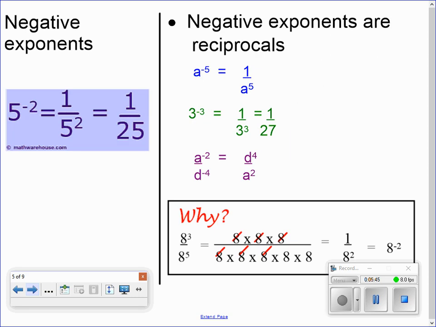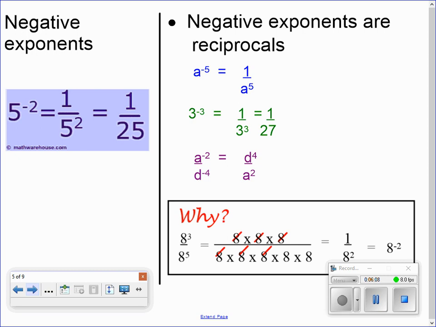When we have negative exponents, what they tell us is that we need to look at the reciprocal. So we have a to the negative 5th power. What it's saying is don't look at a, but look at the reciprocal of a. So the reciprocal of a would be 1 over a, and then it says raise that to the 5th power.